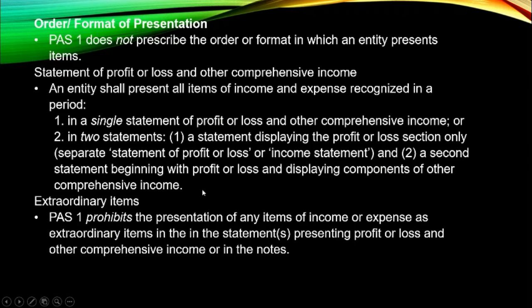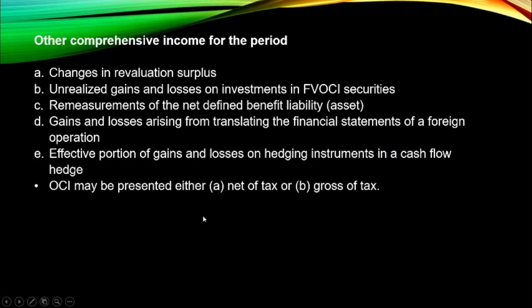We got extraordinary items. PFRS 1 prohibits the presentation of any items of income or expense as extraordinary items in the statement presenting profit and loss and other comprehensive income, or in the notes. So we got other comprehensive income for the period. These are changes in revaluation surplus.